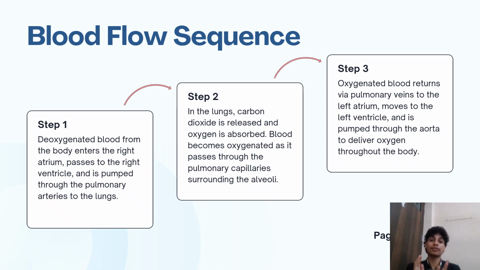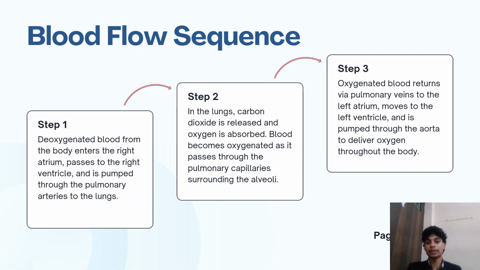And from the right ventricle it goes to the lungs by the pulmonary artery. In the lungs CO2 is released and O2 is absorbed, which converts deoxygenated blood to oxygenated blood, and that blood goes to the left atrium, and from there it goes to the left ventricle, and then to the body parts, to the tissues and all.